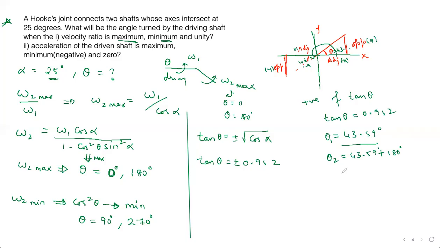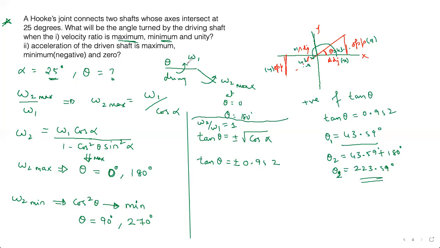We are going to get theta 2 as 223.59 degrees. Here the condition is omega 2 by omega 1 is equal to unity. For this condition, it means the angular velocity ratios are the same.